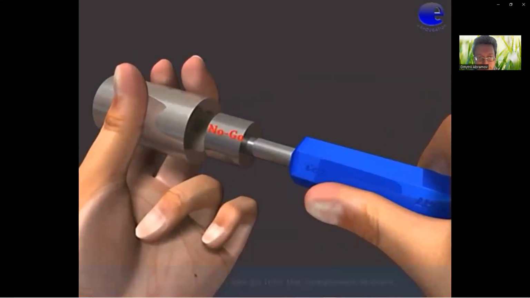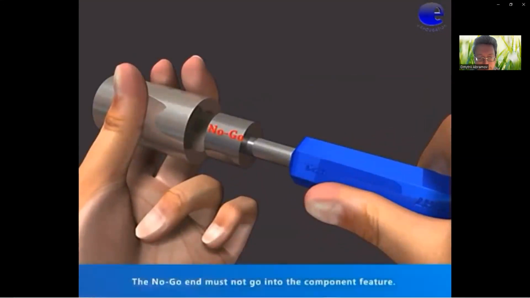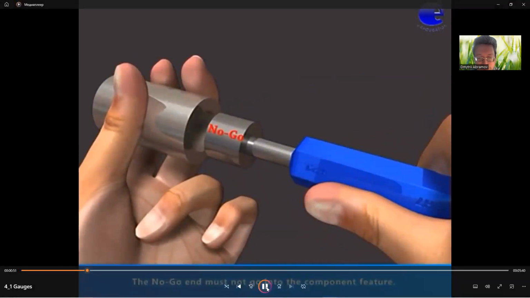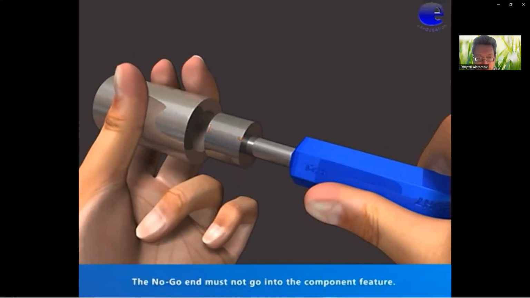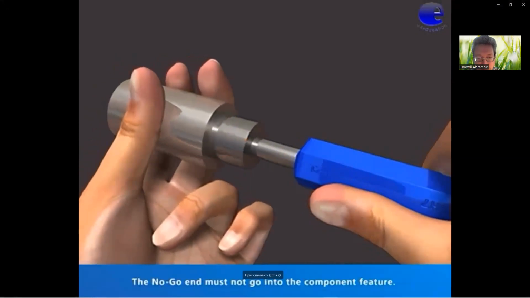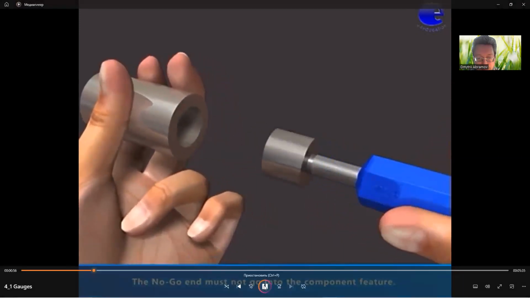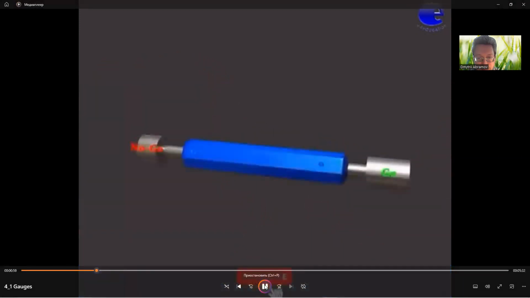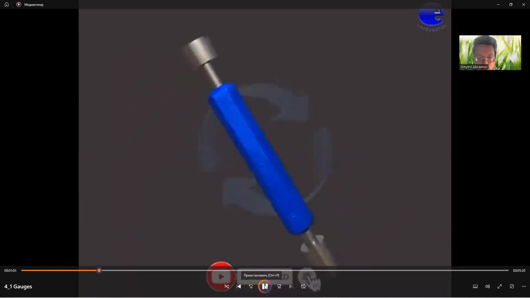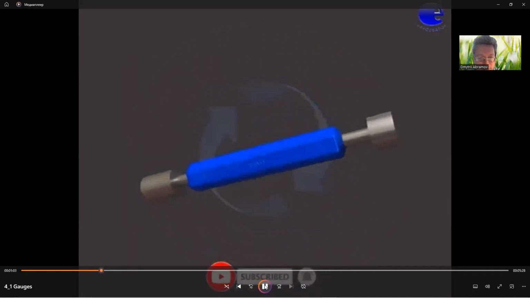The no-go end must not go into the component feature. From the other side, we can see the go end.